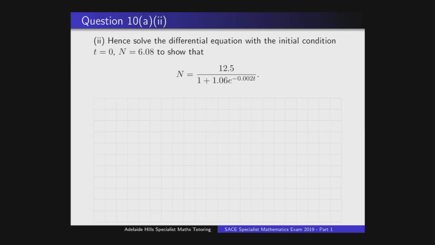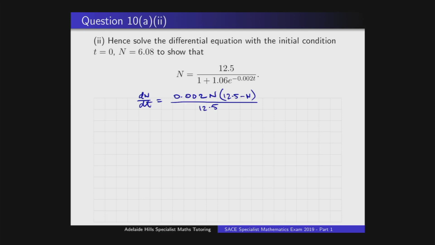Okay, so let's write that at the start, just so it's all on the one page. And then it's 12.5 minus n all over 12.5. Okay, so we're going to separate these equations.